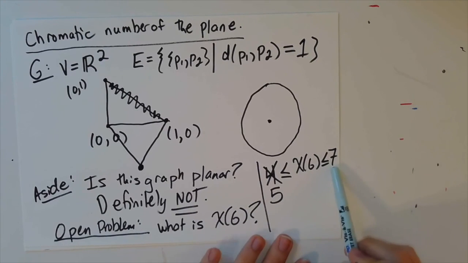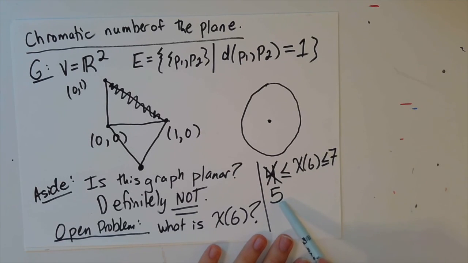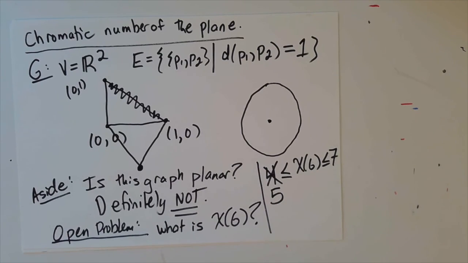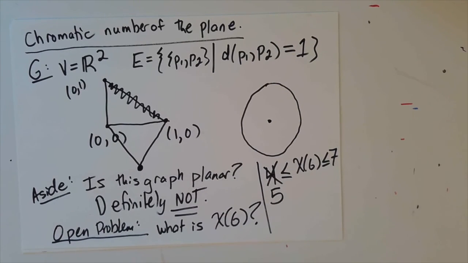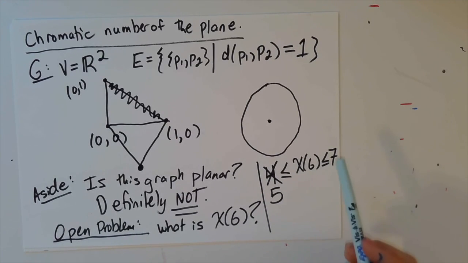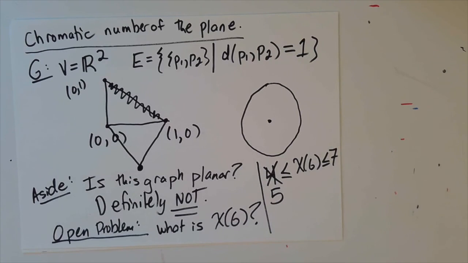And then on the other hand, you have to show somehow, by finding a subgraph, that the chromatic number is at least 5. That is, you want to dig up a graph in here that's complicated enough that you know you can't possibly color it in fewer than 5 colors. Okay, so this is sort of an aside, but I think it's interesting because it shows you how easy it is to come up with a problem that is relatively reasonable, but that no one knows how to solve.